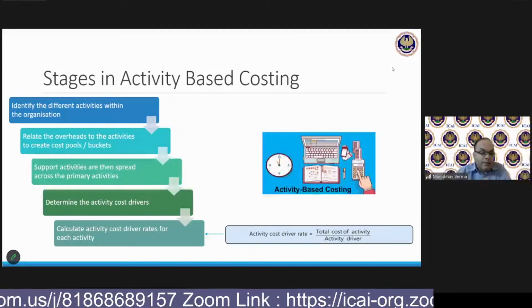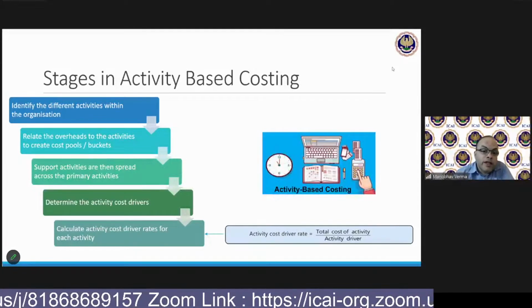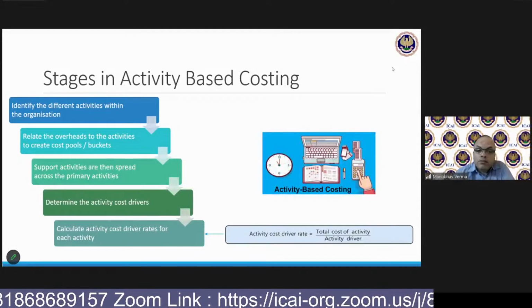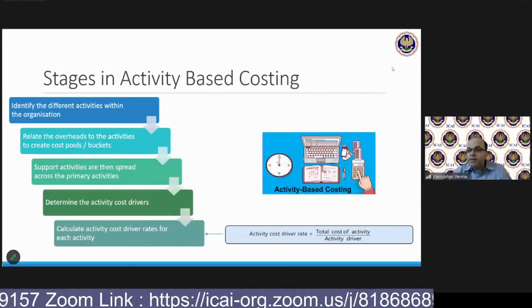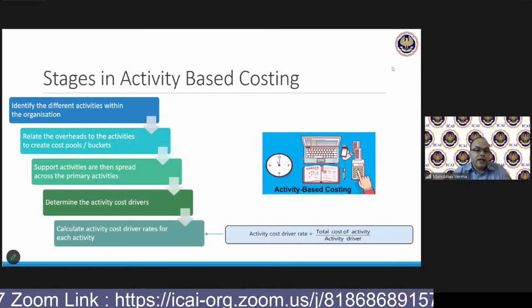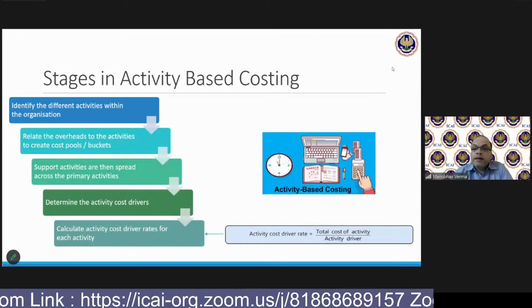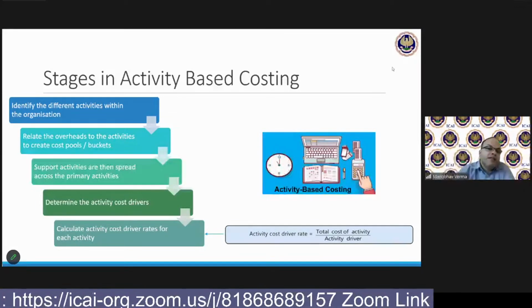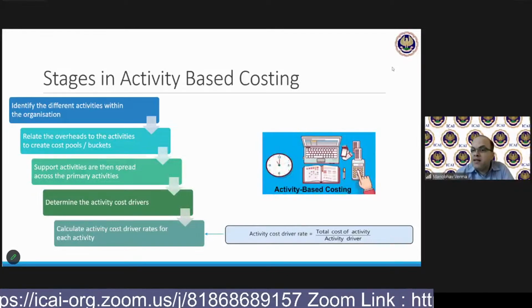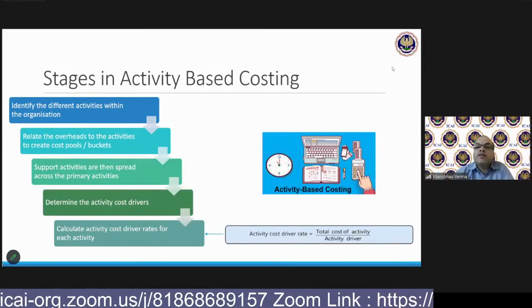If there are multiple activities under different departments, for example, the purchasing department doing some work, or the assembly department involved in some kind of setup, or a quality control team, a material handling team, it depends on how the management has divided those activities among different departments.